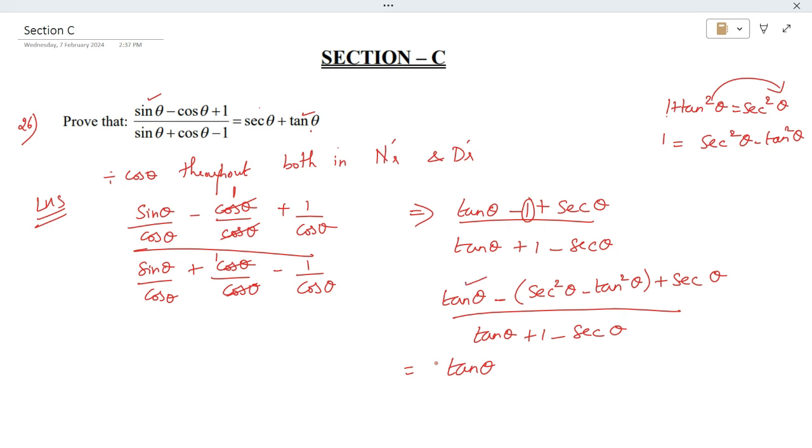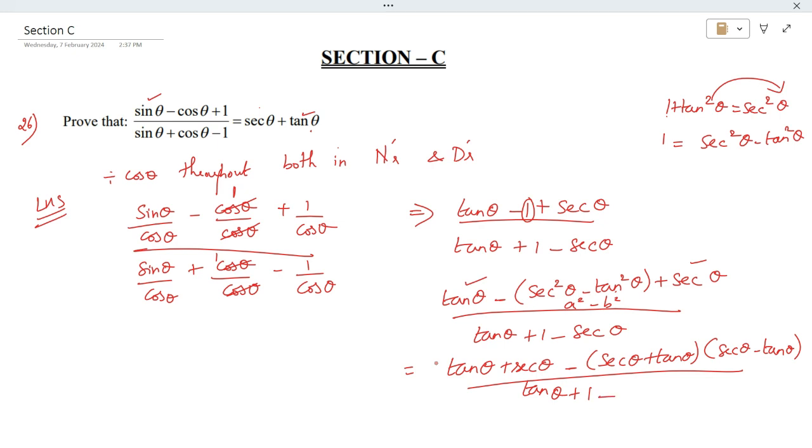So you combine tan theta plus secant theta, minus secant square minus tan square. It is a square minus b square, so I am just writing as a plus b into a minus b. That is secant theta plus tan theta into secant theta minus tan theta, by tan theta plus 1 minus secant theta. I am not doing anything to the denominator.